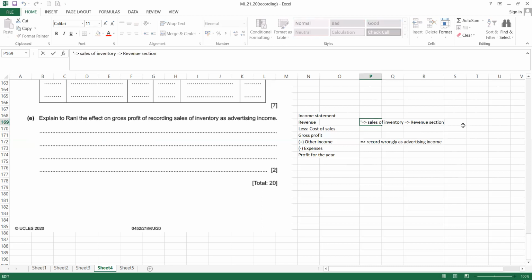So the revenue section will be understated. When revenue is understated, gross profit is also understated. Okay, there is the impact on the gross profit side.